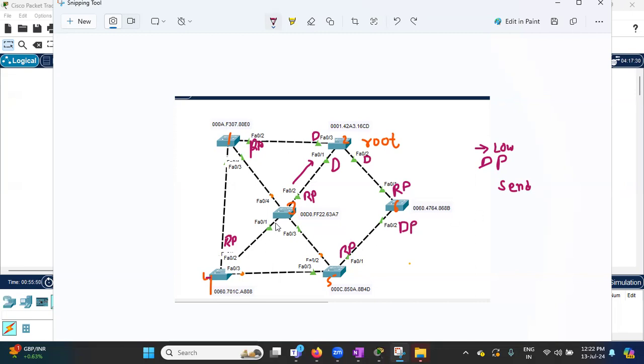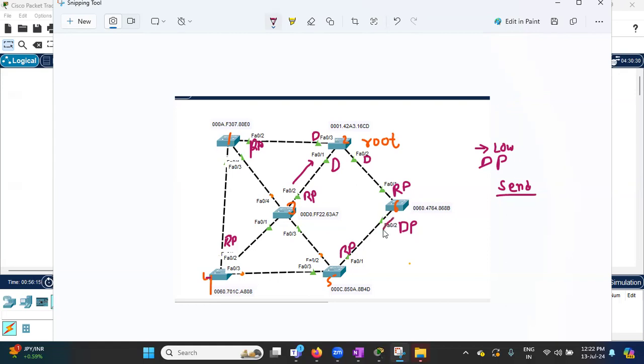Tell me switch number 3, Rahul. Can you repeat the ways again, in this scenario, between switch 5 and 6? Okay, Rahul said this will be the DP port. How? As we know, the port which is sending the superior BPDU will become a DP port.